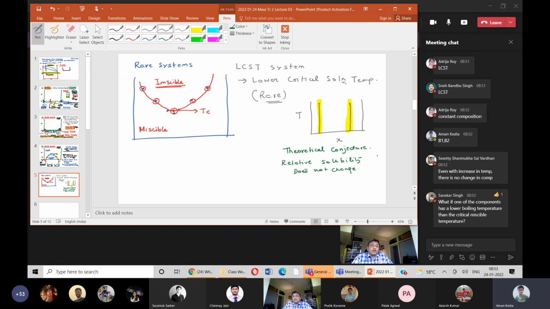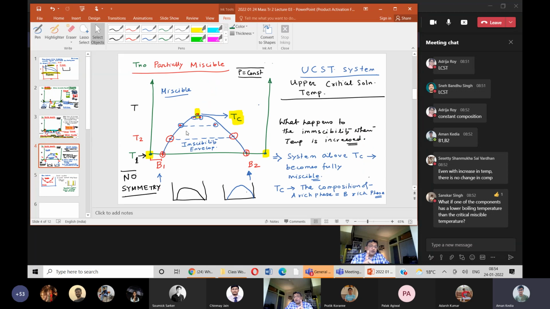One component cannot have a lower boiling behavior, because what you are talking about is a solution property. And solution property is a pair property, right? It is not possible that one system changes its boiling point with temperature, miscibility with temperature. What you are seeing here is a collective property, right? So one phase cannot be immiscible with itself, right?